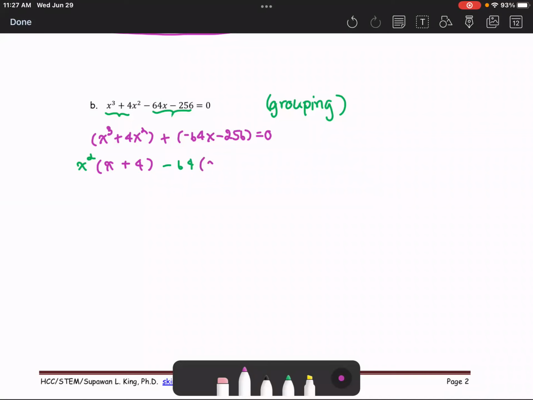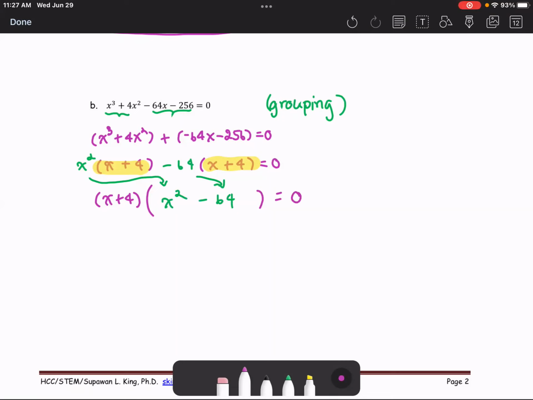And then leave the remaining factor as x plus 4 equals 0. We have the common quantity x plus 4. So we rewrite it as a common factor and then gather the rest of the factors into the group symbol. So to get x squared minus 64 equals 0.